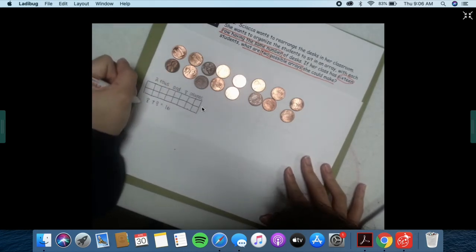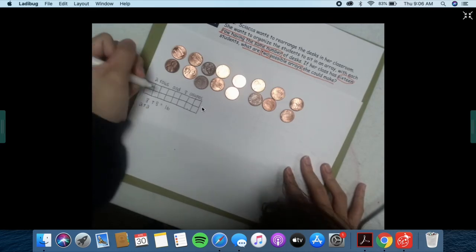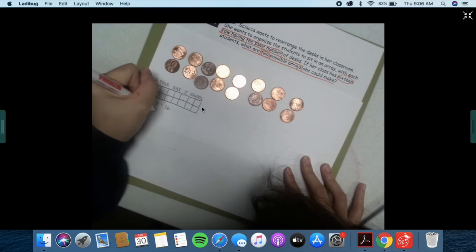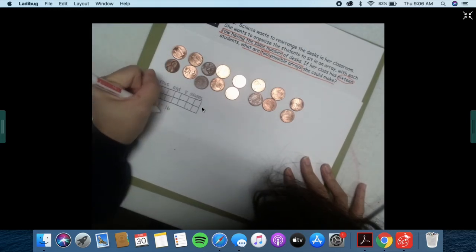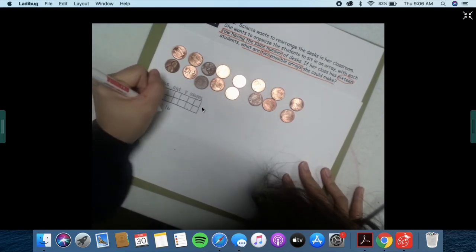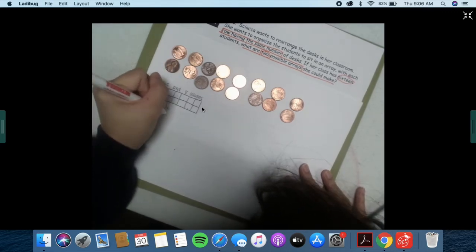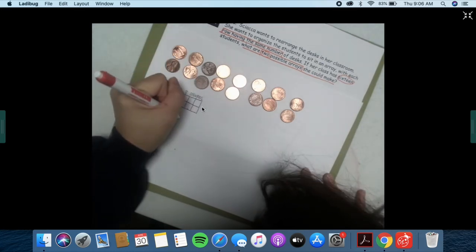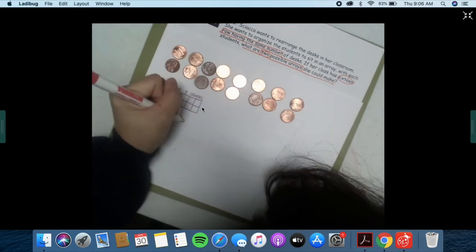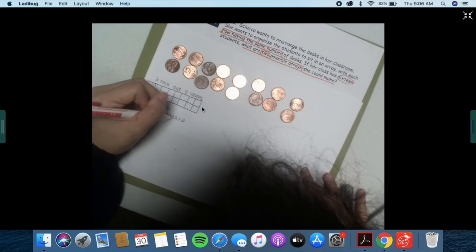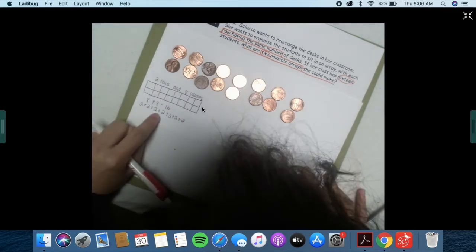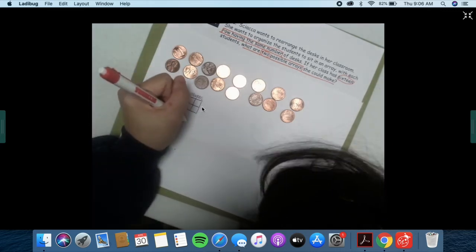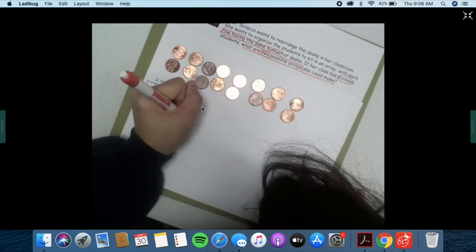Or I can go 2 plus 2, so 2 plus 2 plus 2 plus another 2 plus another 2 plus another 2 plus another 2 is equal to 16.